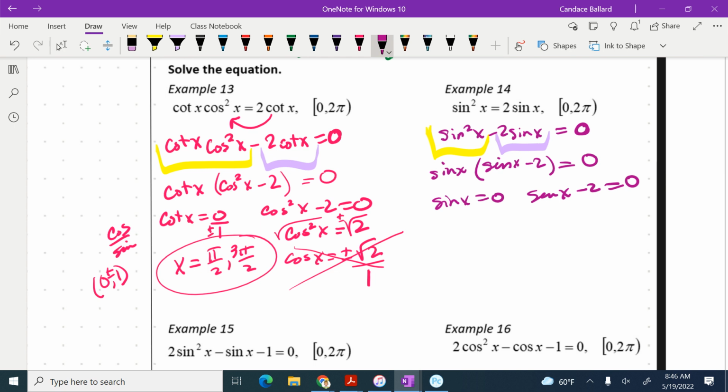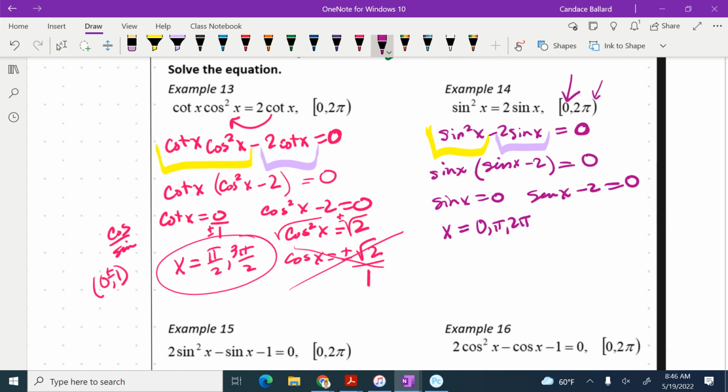So let's see. Sine equal to 0, is sine the x value or the y value? Y value. So where was the y value equal to 0? What radian measures? Okay, what else? What else is at 2 pi? 0. So it's really 0, 2 pi.